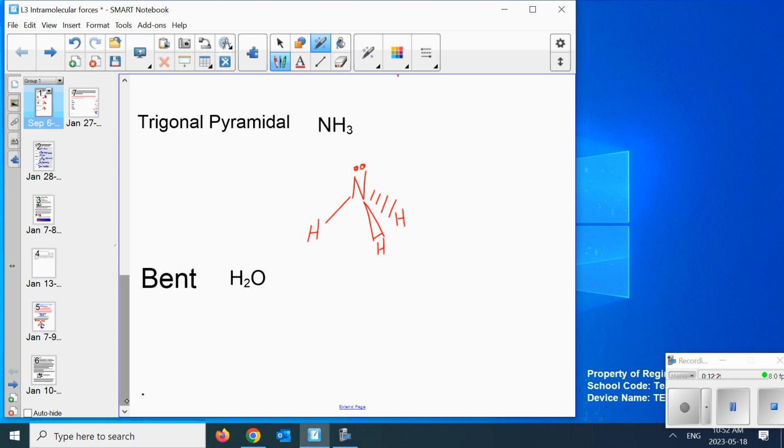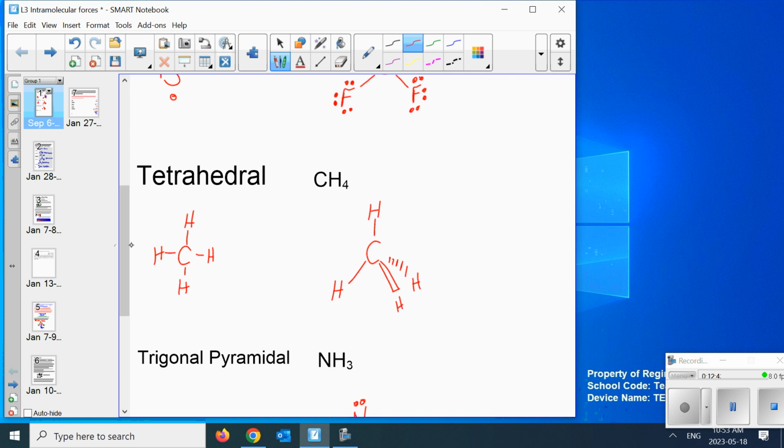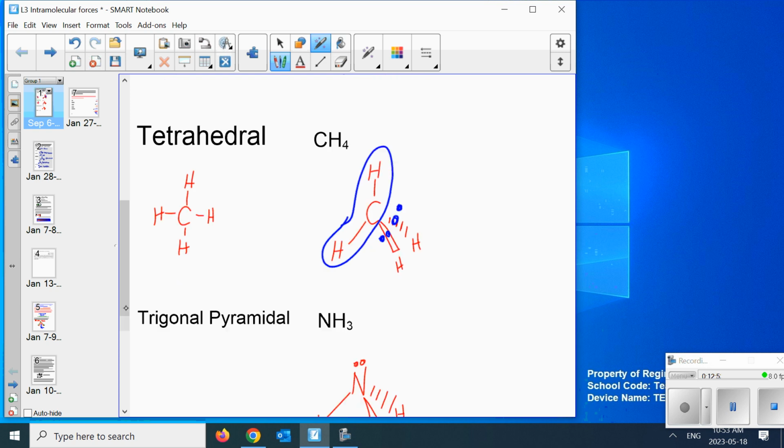To make it easier to draw, don't do 90 degrees, because that's not what we're talking about. We're going to draw this part of the tetrahedral shape, and put the electrons here, and they occupy these ones.